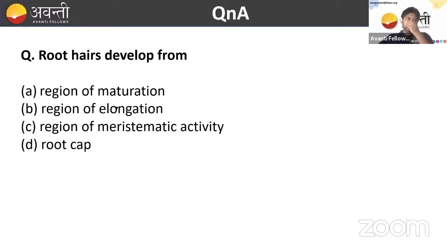Next question. Root hair develops from? Option A, region of maturation. Option B, region of elongation. Option C, region of meristematic activity. And option D, root cap. I'm launching the poll again. Please answer fast, and then we will discuss the question.